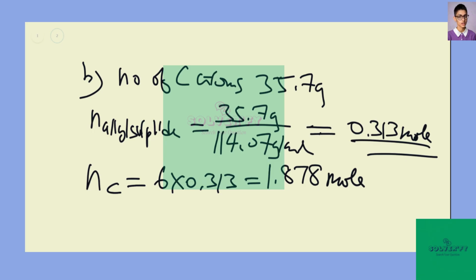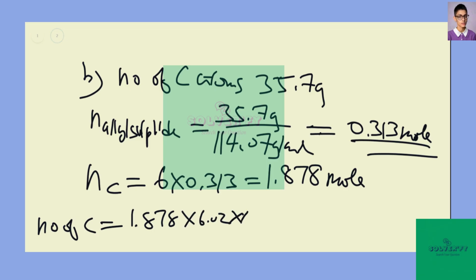Again, we want to know the number of atoms, so we just need to take our number of moles, multiply by Avogadro's number, and then we should be able to find out the total number of atoms is 1.13 times 10 to the power 24.